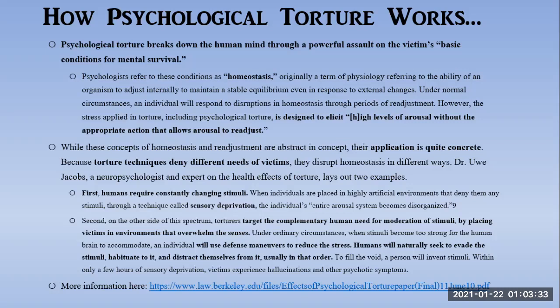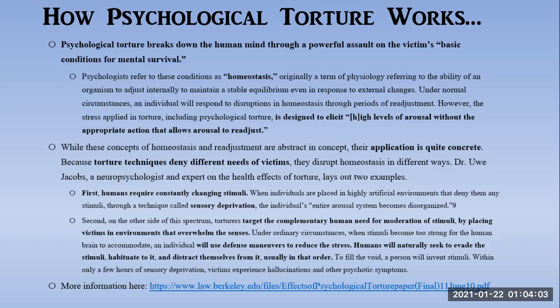Under normal circumstances, an individual will respond to disruptions in homeostasis through periods of readjustment. However, the stress applied in torture, including psychological torture, is designed to elicit high levels of arousal without the appropriate action that allows arousal to readjust.